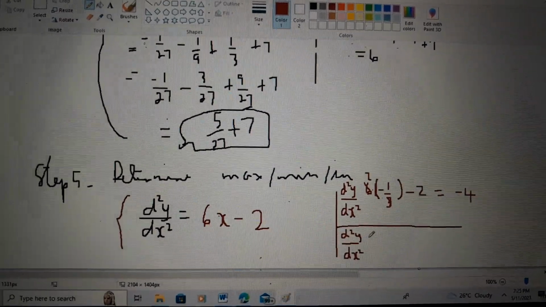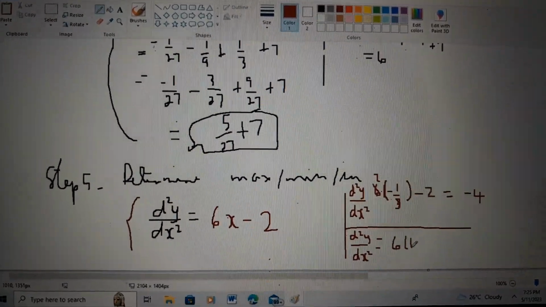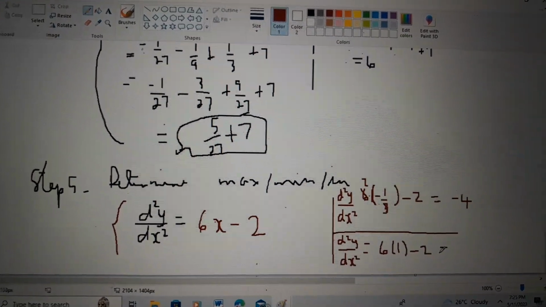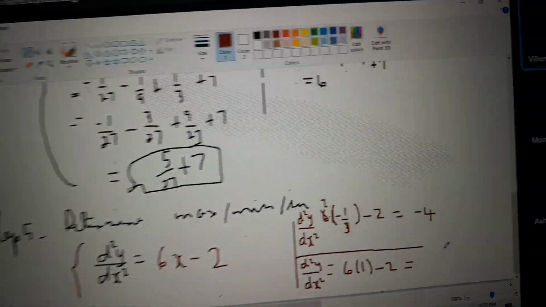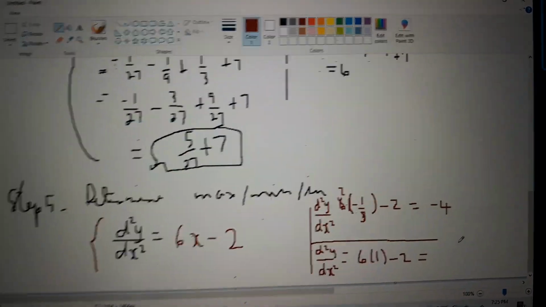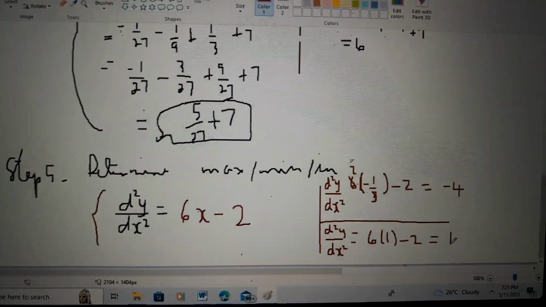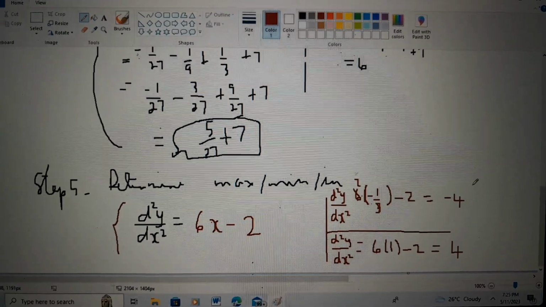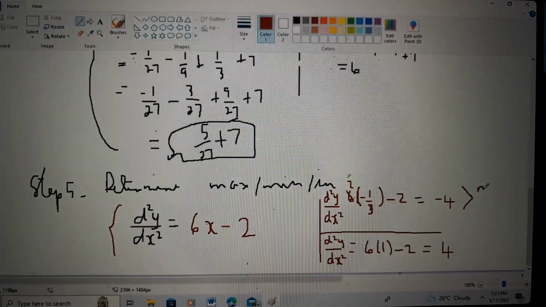Good. And then when we substitute 1, the other x value, into the second derivative, what's your answer? Positive 4, sir. Positive 4. Right? So here, when the second derivative is negative, you have a max.